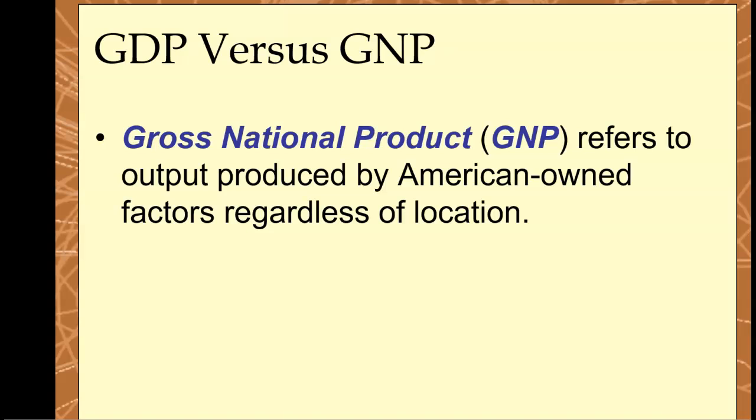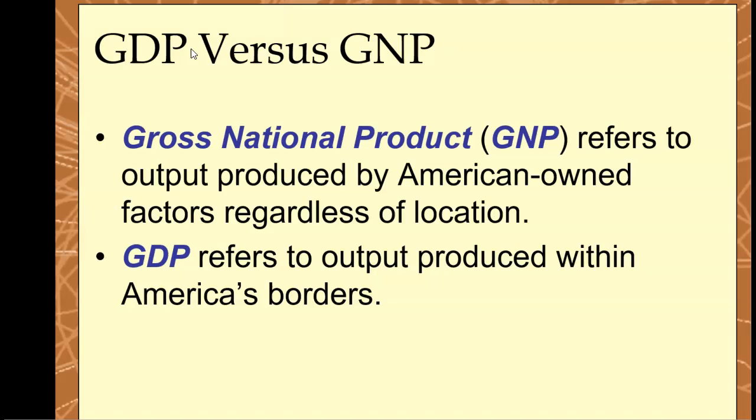We don't care who owns the factory producing the output, we just care where it's produced. GNP cares who owns the factory. We don't care where it was produced. So in other words, a US factory operating in Mexico would be counted towards GNP, but that U.S. factory operating in Mexico would not be counted towards GDP.